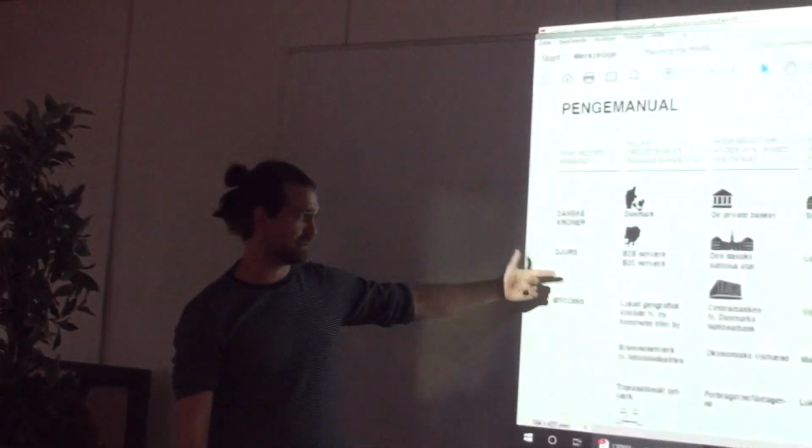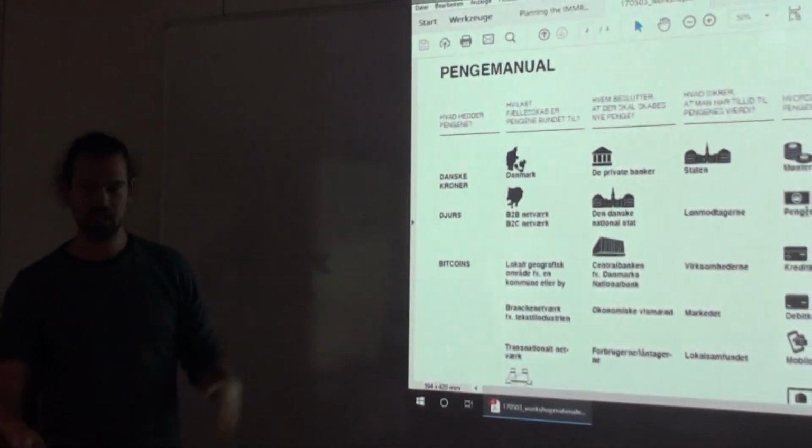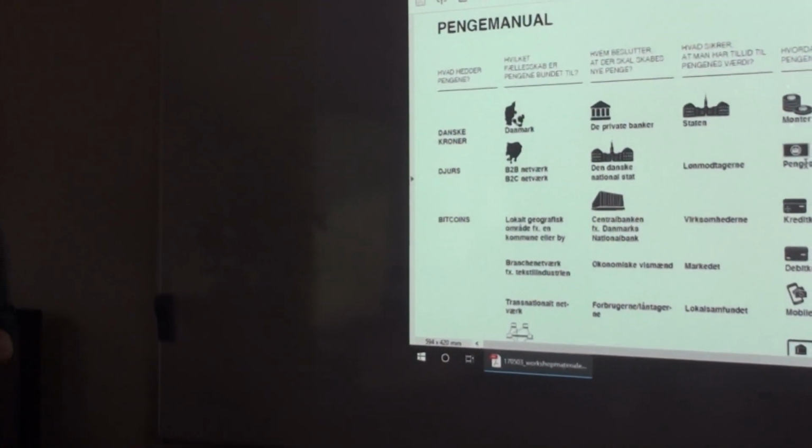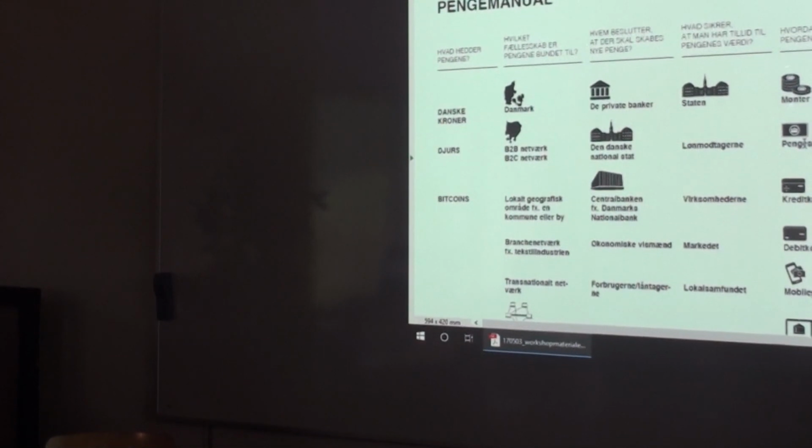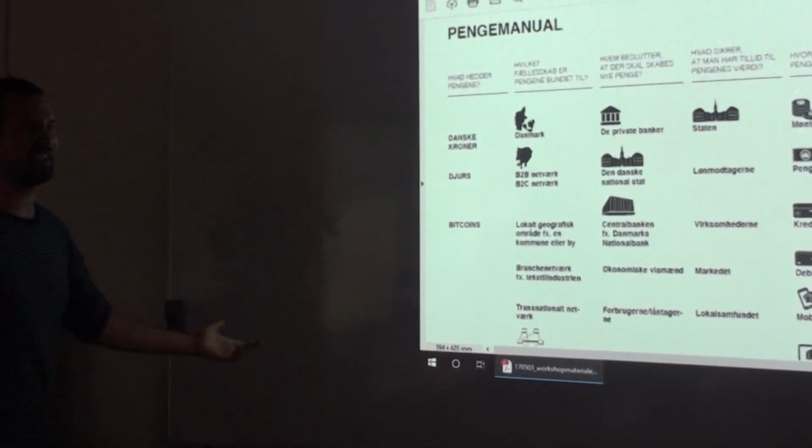It's just, here's the characteristic, and down there you can put different kinds of money. To go pretty easy, the first one is, what's the name of the money? Danish crown, this is a local currency in Denmark, and here are bitcoins. And then they can write whatever, let's call it Utrecht Geld, or whatever they want to. Geld, sorry.